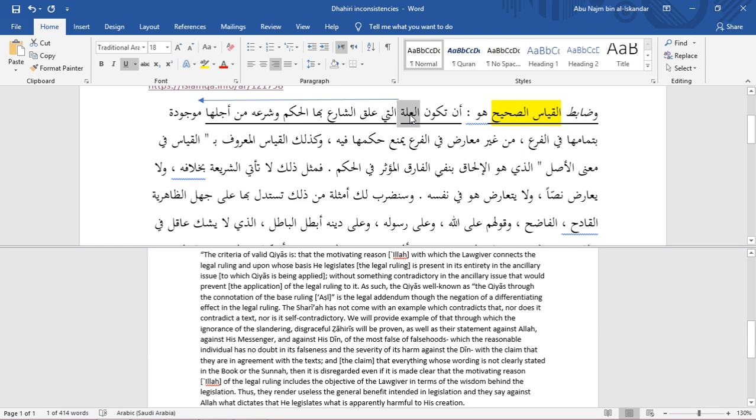Okay? And so, the criteria, again, we're talking about the criteria for valid qiyas, is that the illah, the motivating reason behind the legal ruling, right? So we're talking about the illah, the reason that Allah or His Messenger sallallahu alaihi wasallam connect with the legal ruling, what they say about the legal ruling, the reason for it, and the basis upon which they legislate it, right?